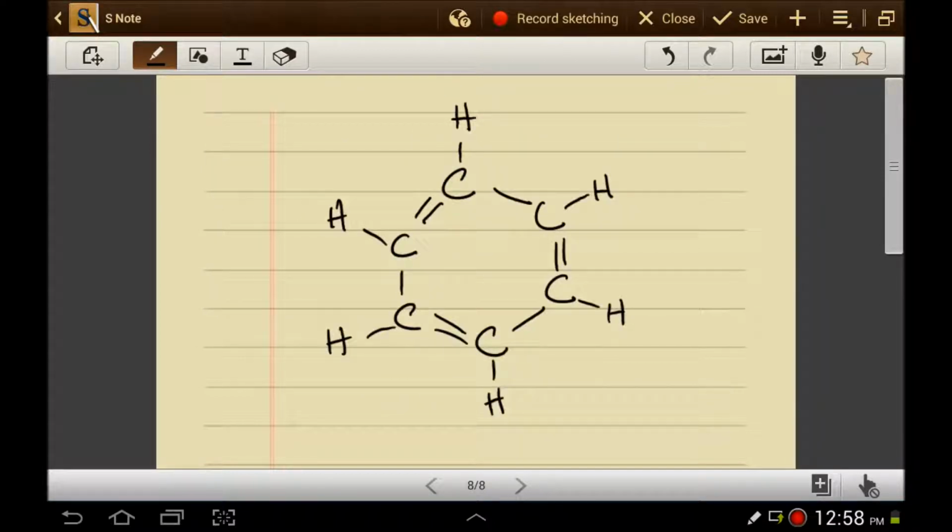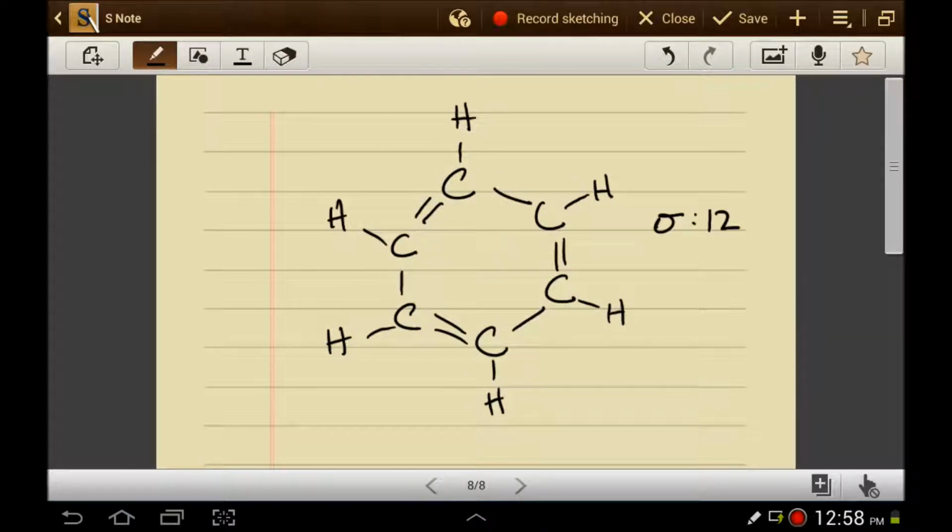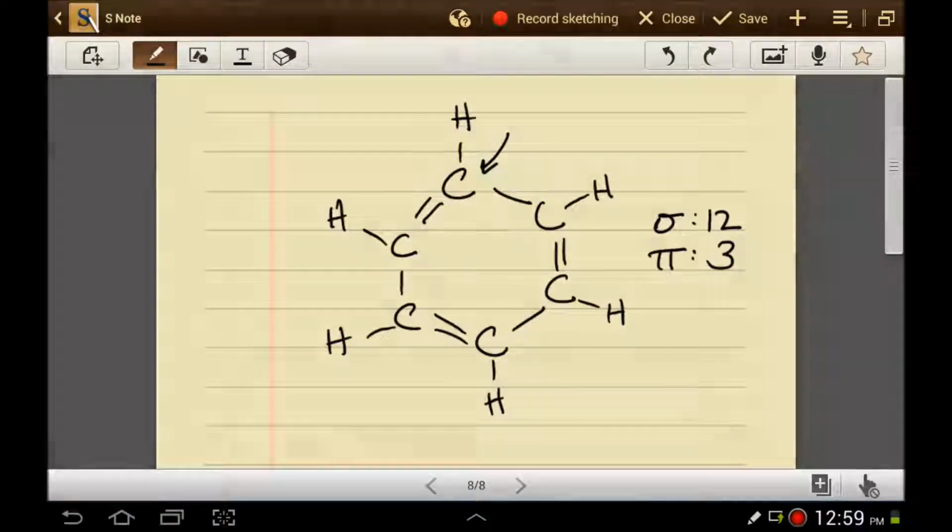Benzene has 1, 2, 3, 4, 5, 6, 7, 8, 9, 10, 11, 12 sigma bonds. And then each bond that's not a sigma bond is a pi bond. So 1, 2, 3 pi bonds. The hybridization of the carbon here with 3 sigma bonds is sp2 hybridized.